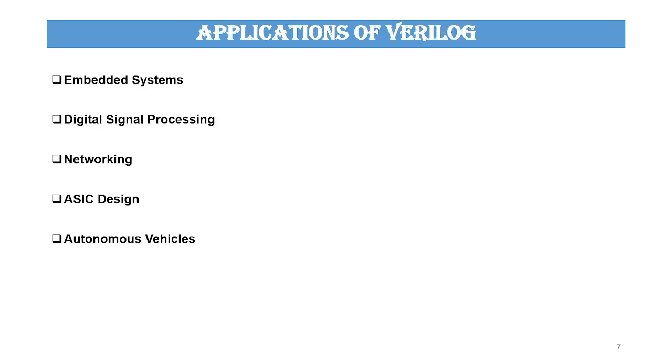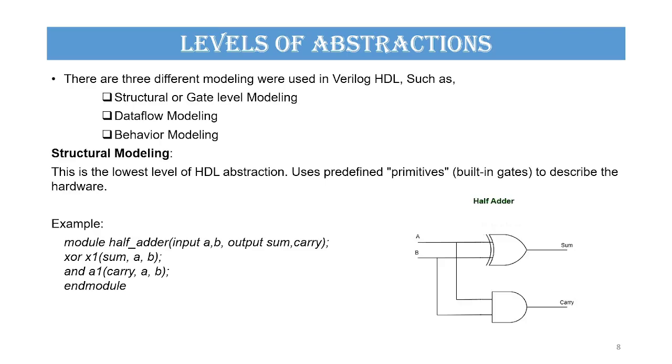What are the various applications of Verilog? We can use it in the embedded system domain, as well as digital image processing, digital signal processing, networking, ASIC design, and autonomous vehicles. In real time we can use these Verilog applications.